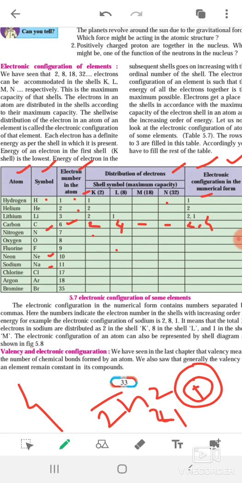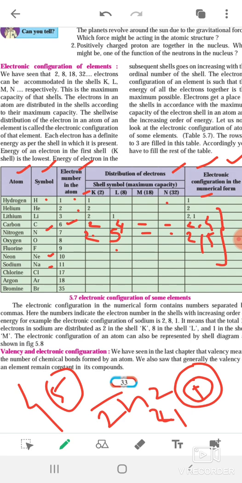Okay, now let's see the nitrogen atom having 7 electrons. The first shell will come with 2, and the second will have the remaining 5. Okay, the second shell में 5 आएगा, then M और N will remain empty. So the configuration will be 2, 5.